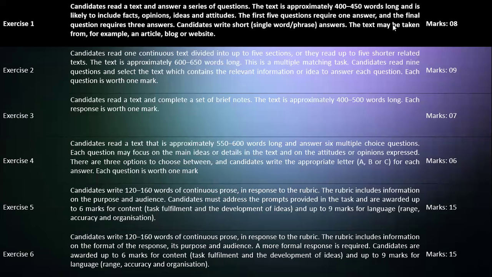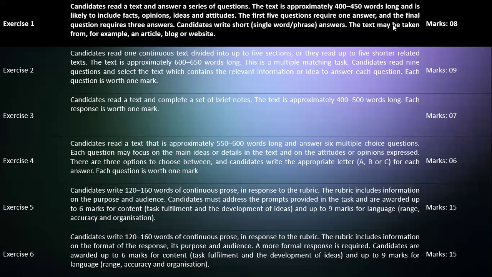The last exercise of your paper number 1 would be exercise number 6, where you are supposed to again compose a written response between the word limits of 120 to 160. Again, there would be separate rubrics for this particular question. The rubrics will include information on the format of each response, which will include the purpose and the audience.